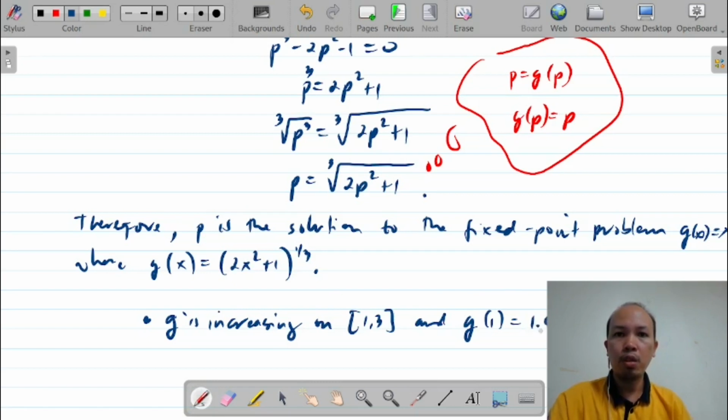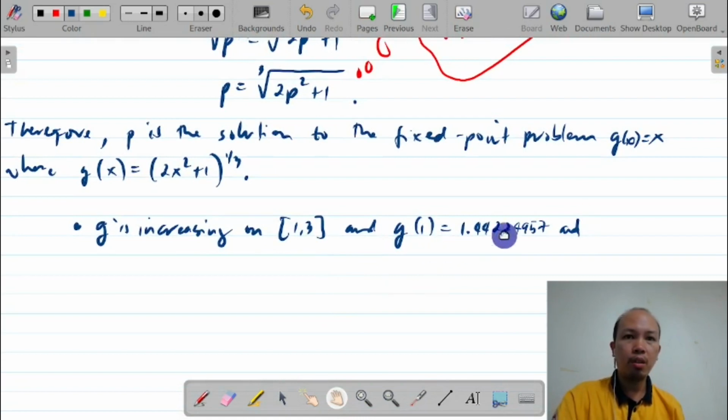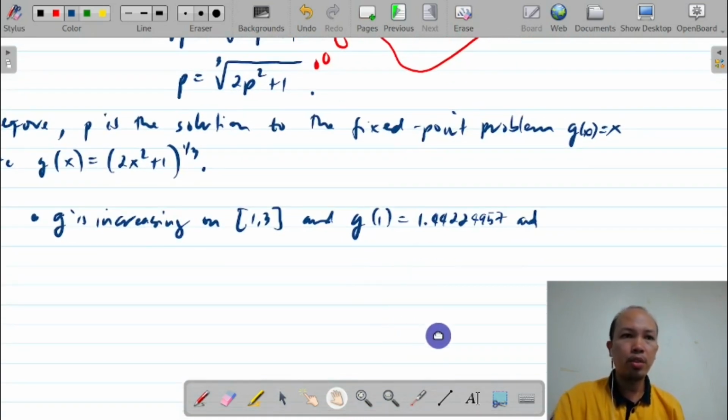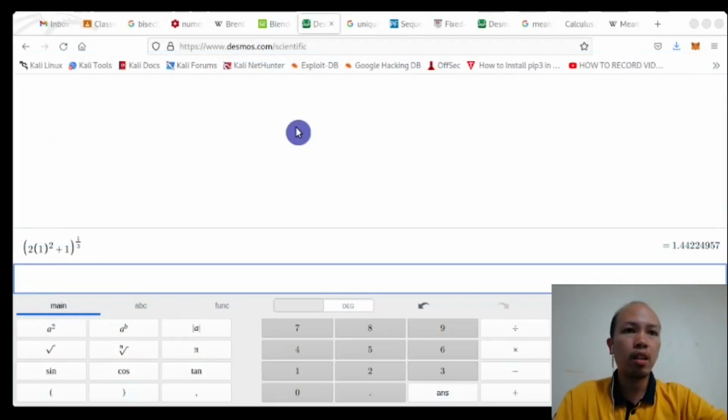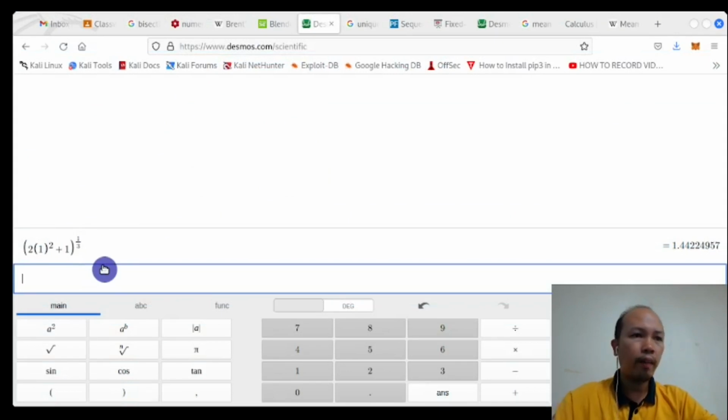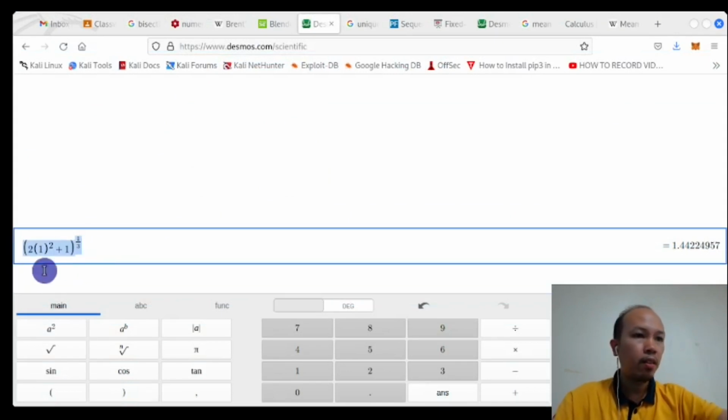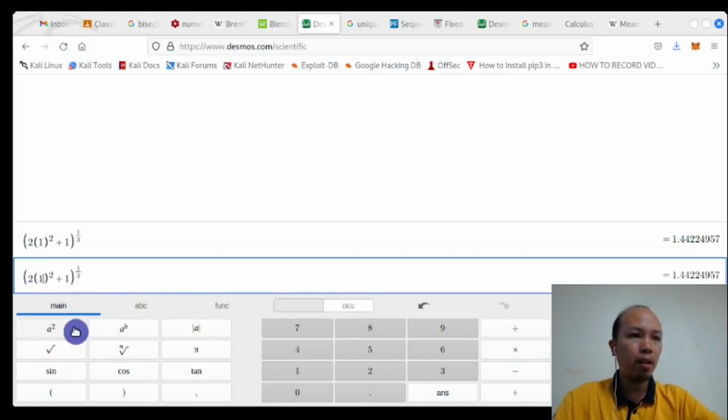1.4422 4957. And also let's compute g of 3, the endpoint. Okay, g of 3. So let's copy this one and replace our 1 by 3 and hit enter.